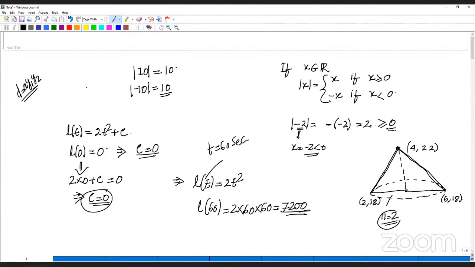Yes, sir, 6 minus 4. Okay, this is 2. Is the height 22 or not? Basically, we are getting that. If this is the height of the cone, right? Yes, sir, this height is 22. Yeah, correct.